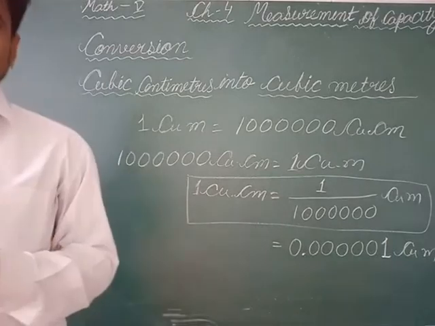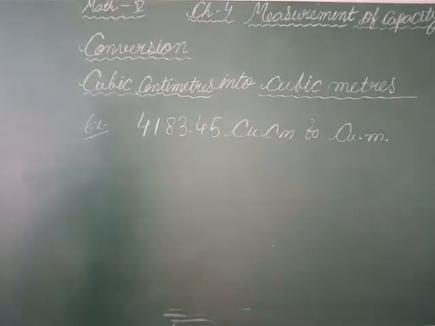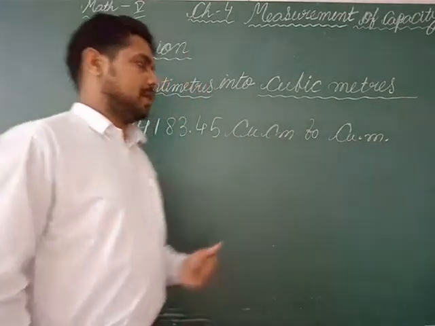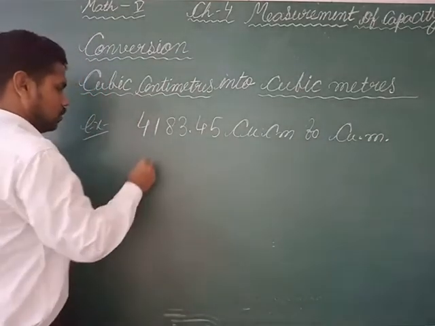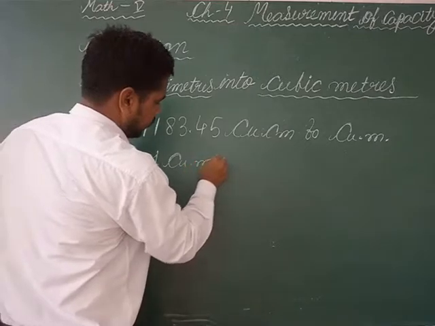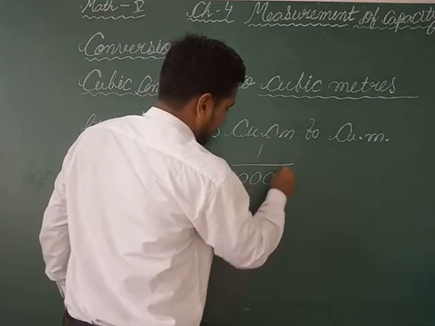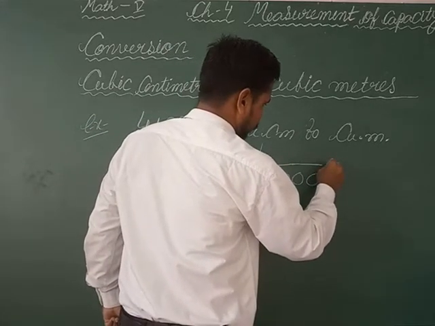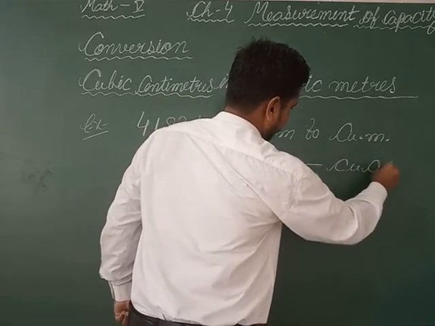Okay, so this is how you can convert cubic centimeter into cubic meter also. So let's take an example. For example, this is the question, it is asking you to convert this into cubic meter. To convert to cubic meter, we know 1 cubic meter is equal to 1 divided by 6 zeros, this much of cubic centimeter.